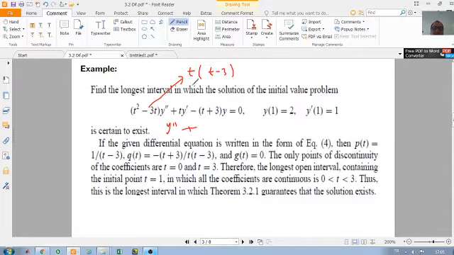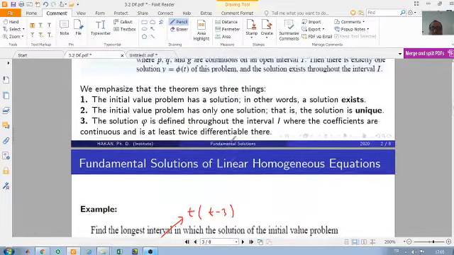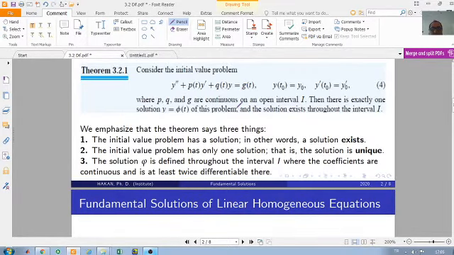So by removing t, we get 1 over t minus 3 y prime plus t plus 3 over t times t minus 3 y is equal to 0. Also, this is a homogeneous differential equation because the right hand side of this equation is 0. Okay, g of t is equal to 0.